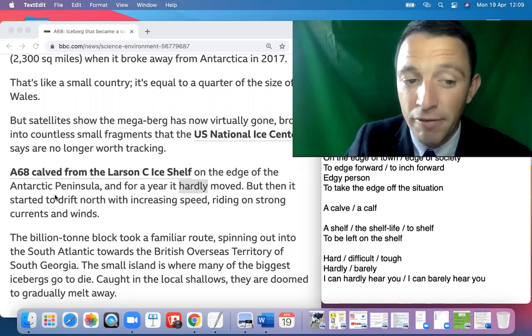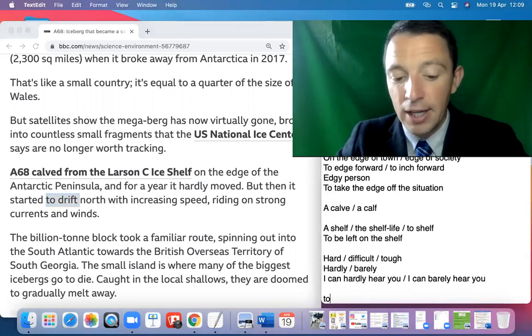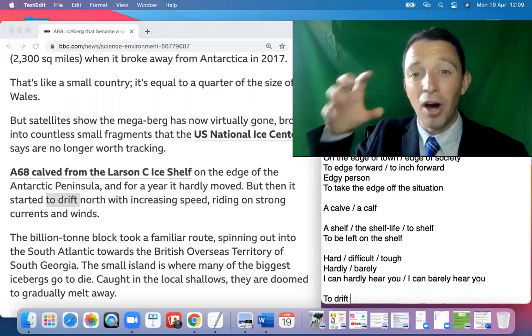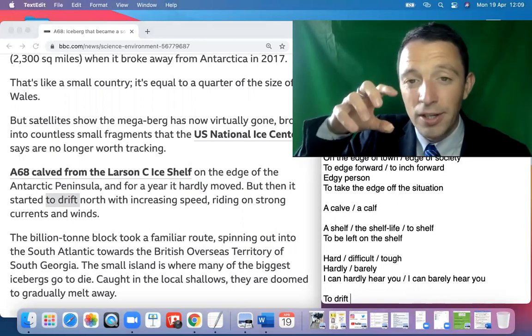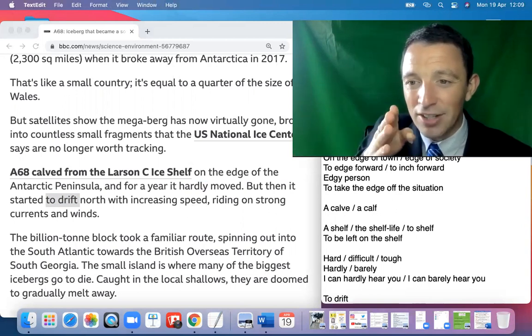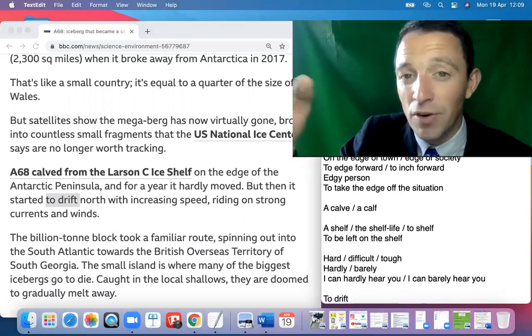Okay, to drift. This word for me is really, really good. Okay, so the verb is to drift. It's typical with the water. So for example, the object on the water, you have the wood, madeira, you have the wood on the water, and the wood starts to drift. Okay, it's like to lose direction or to go with the current.